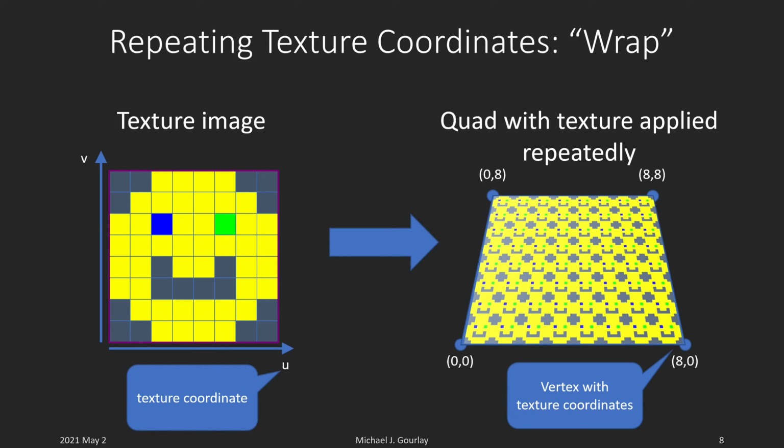To make a 256 by 256 texture spread across a region with the same apparent detail as a 2048 by 2048 texture, we would apply texture coordinates in the range 0 to 8 along each direction, because 2048 divided by 256 is 8. That's how to repeat a texture on a planar terrain.